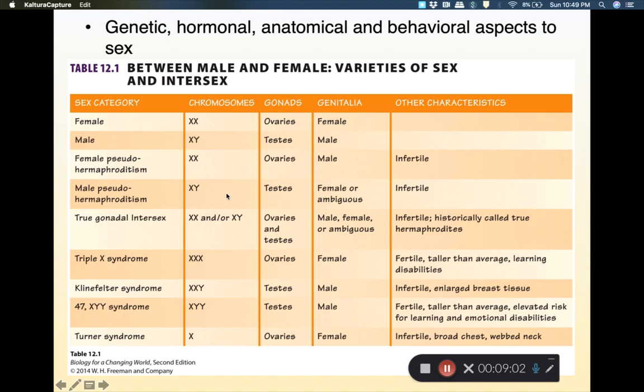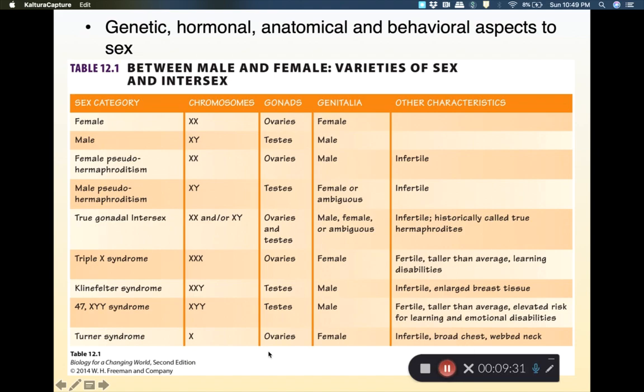However, we can get a variety of different hermaphroditisms where the chromosomes are XX, the gonads are ovaries, but you can have male genitalia. And there are even more complex syndromes that can include having XXX, such as triple X syndrome, Klinefelter syndrome, and XYY syndrome.